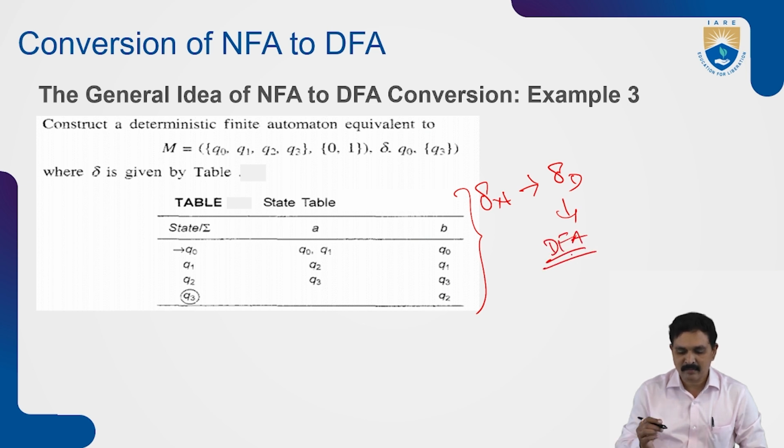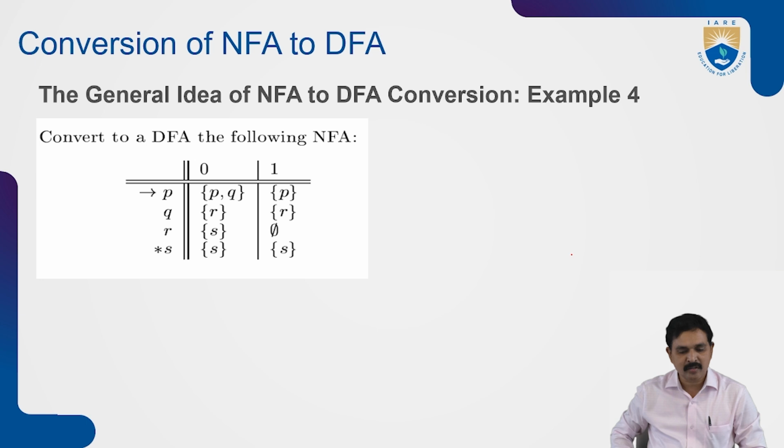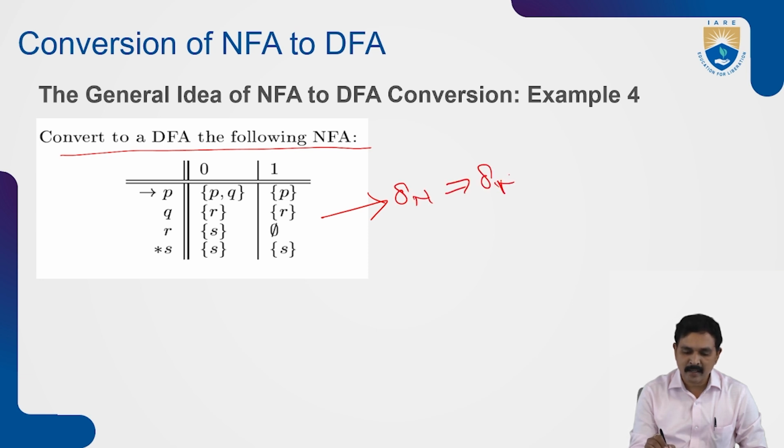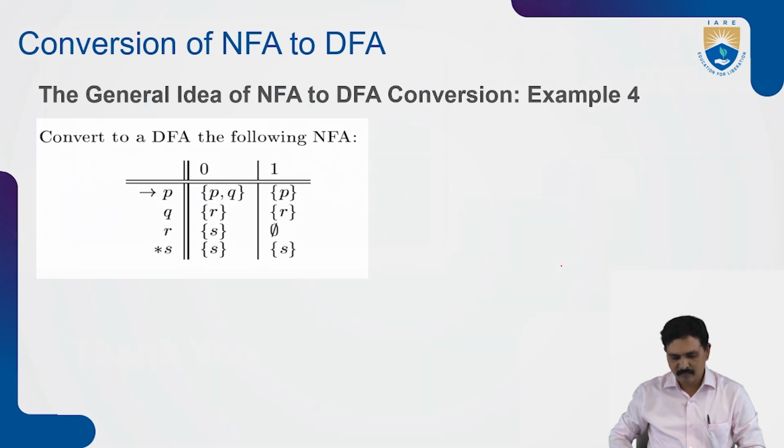The same questions. I already showed the same questions here. Convert NFA to DFA: this is the delta N and you convert it into delta D, and then you have to find the DFA diagram also.